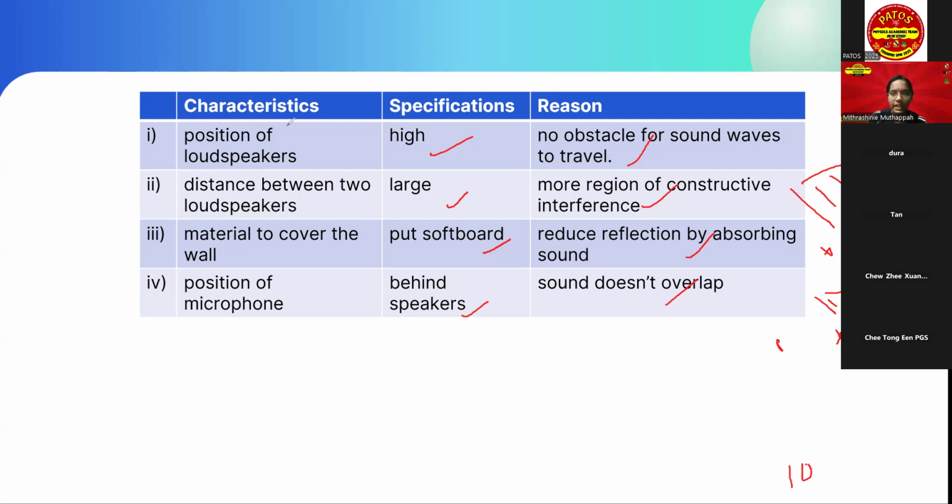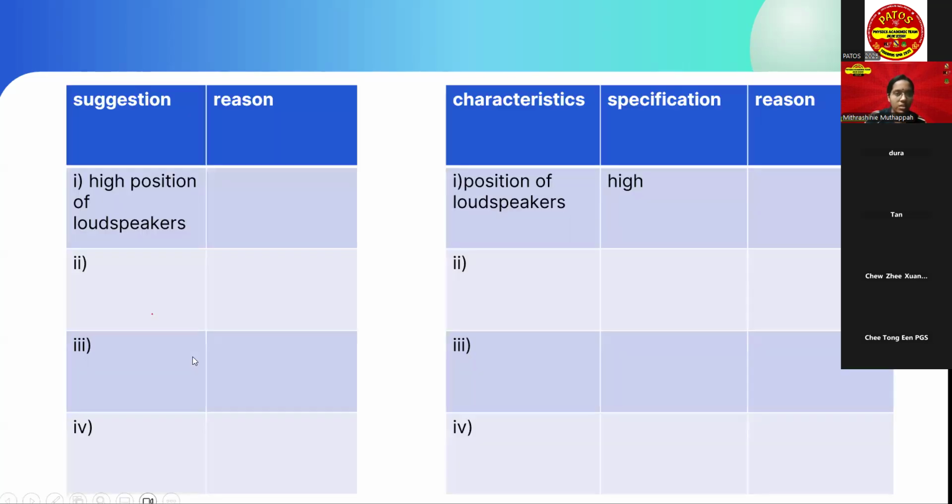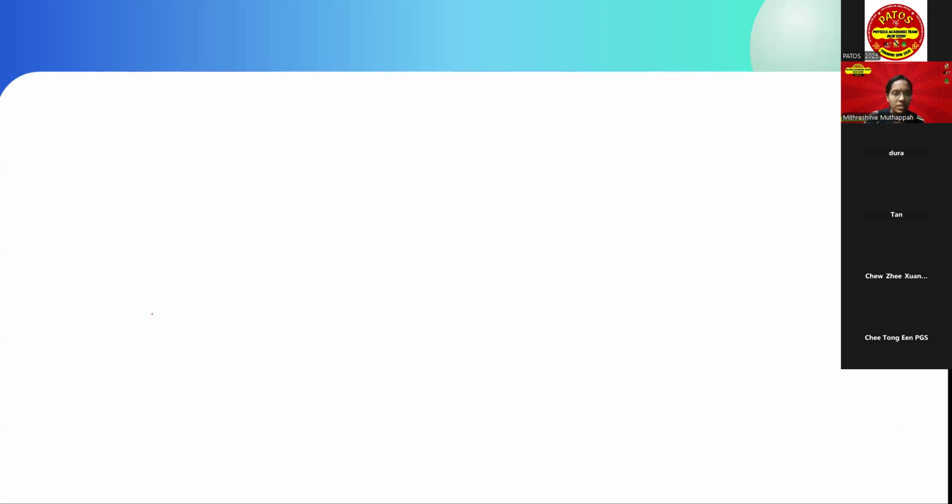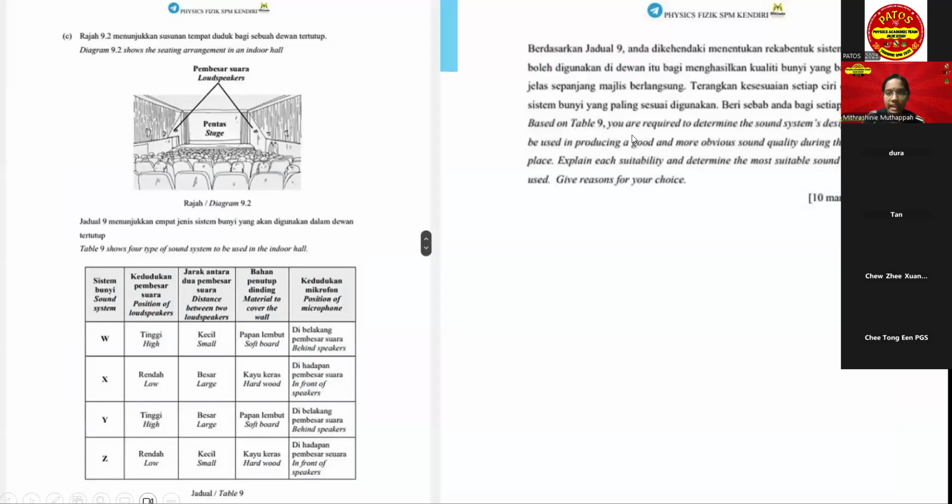Okay, correct. Conclude the characteristics. Yes, thank you so much. Yes, you have to write back your choice, because just now we saw this requirement in the question. They say explain its suitability.